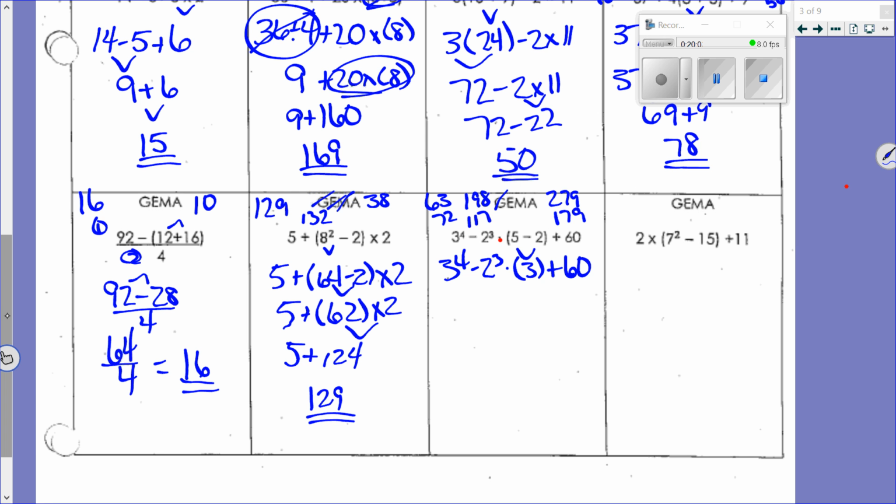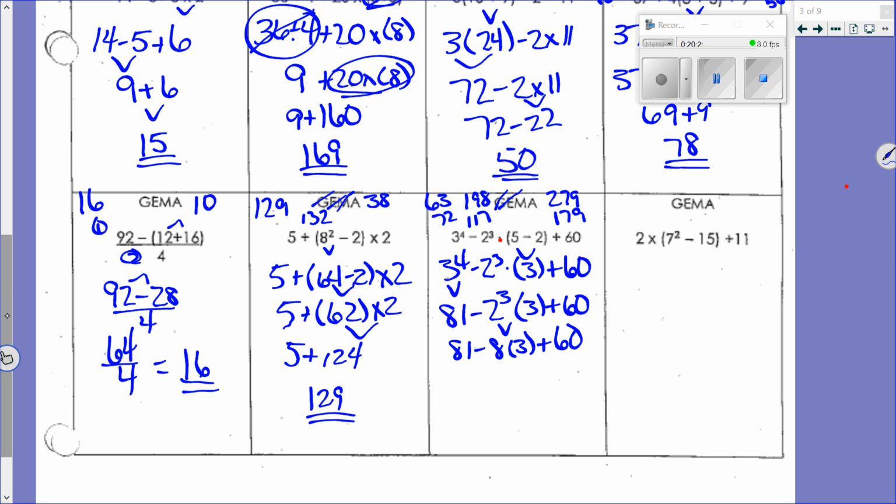So again, I go left to right. 3 to the 4th power is 81. If you put 12, another slap upside the head, we'll eventually get that. Then I have to do my 2 to the 3rd power. 2 to the 3rd is 8. Any more exponents? Nope, so we're through that step.